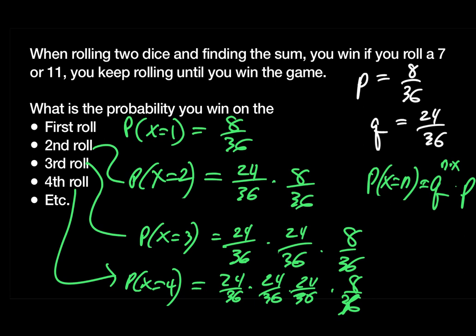So that's how you do a geometric. If it's 4 rolls, it's going to be n minus 1, so 3 failures, then a success.